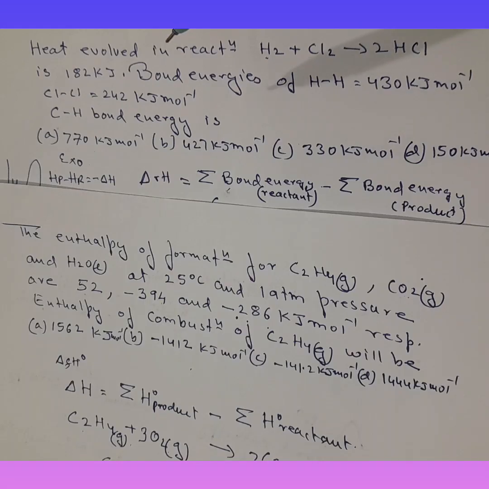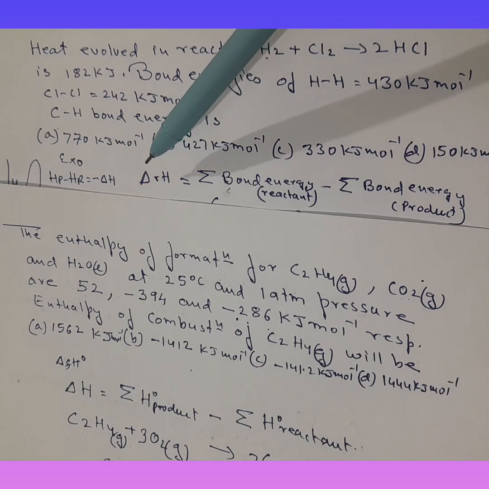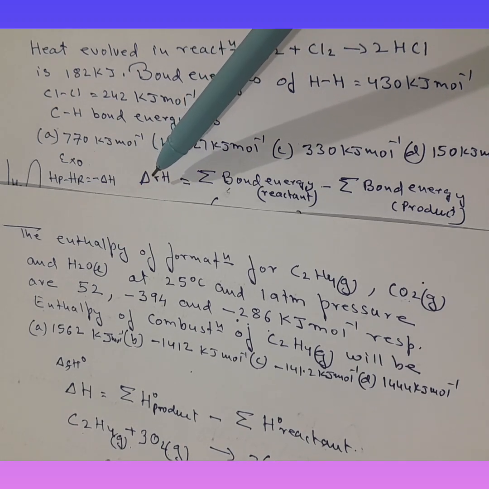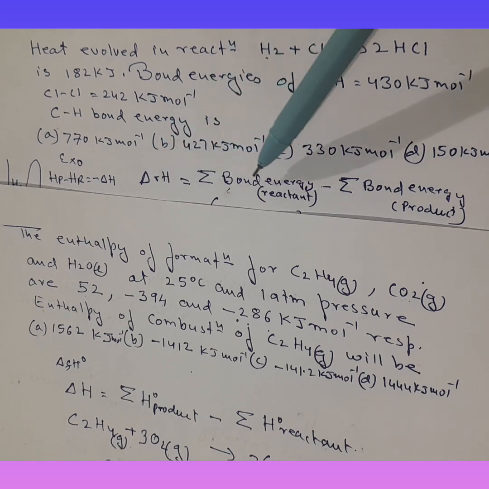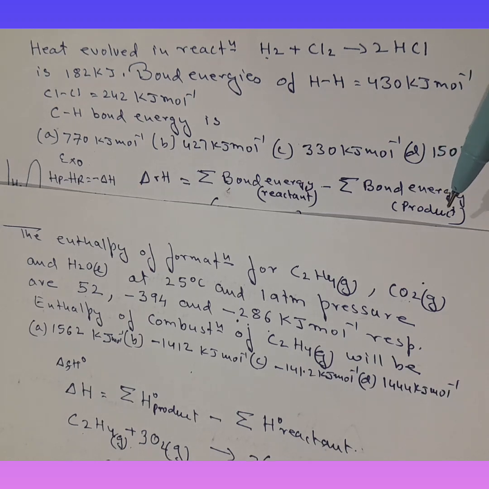So guys, what I intend to bring to your notice is, whenever bond energy is provided, the equation for enthalpy of reaction that we use is summation of bond energy of reactant minus summation of bond energy of product.